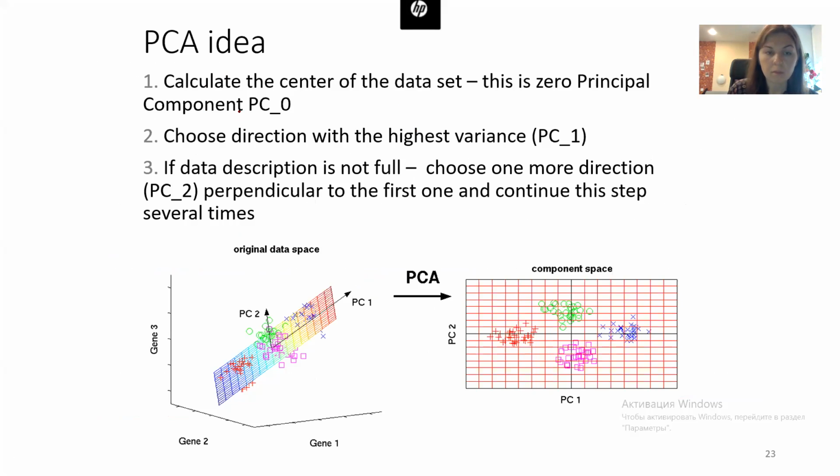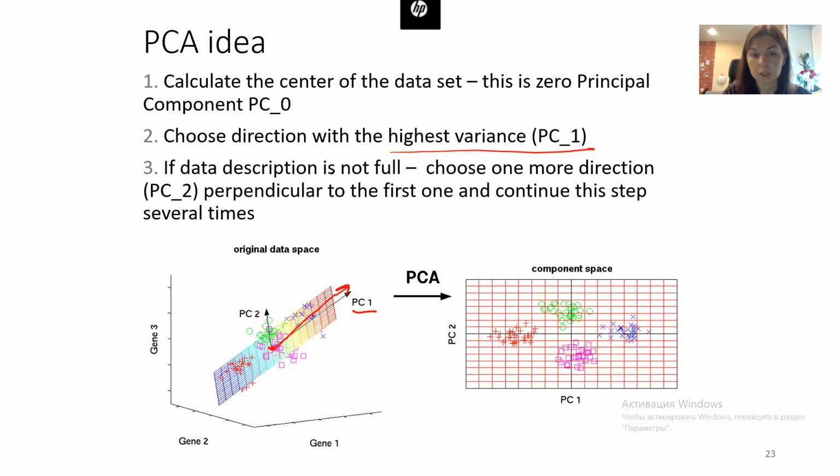And the main idea is explained here. In general, we have 3 steps. Calculate the center of the dataset. It's our zero principal component. It will actually be some point. We need to standardize and normalize our dataset in order to provide a mean value equal to 0, and it's better to provide a standard deviation also equal to 1. Choose the direction with the highest variance. This direction with the highest variance will be our PC1.